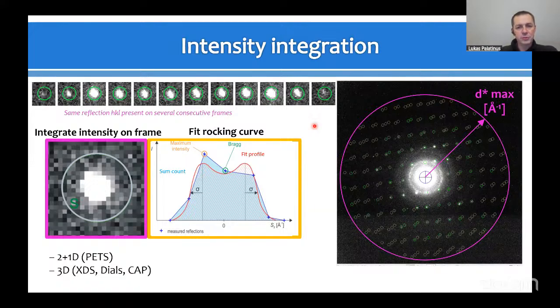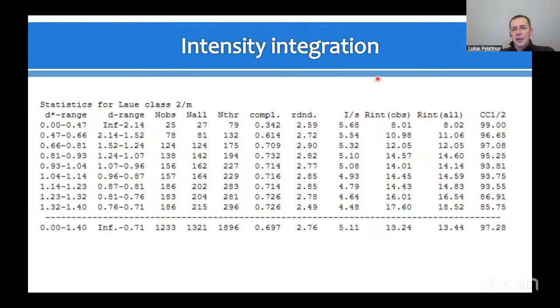Let's try to extract as accurately as possible the total intensity diffracted into each reflection. So as a result, in the end, what we as users are most interested in is some statistics that tells us how good the data are and how good they can be, how well they can be used for extracting the information.